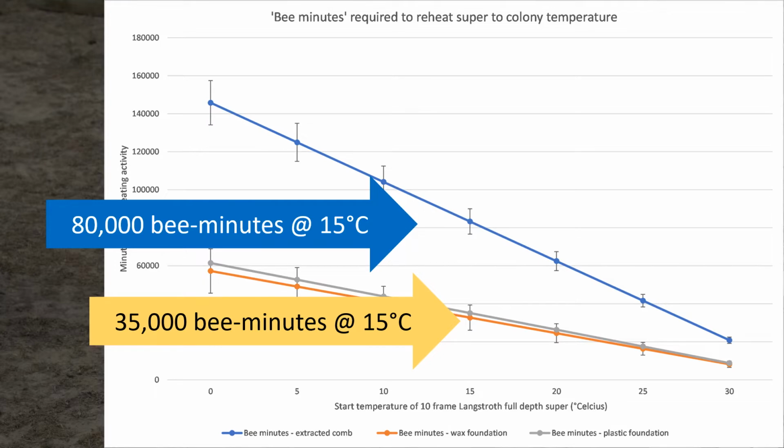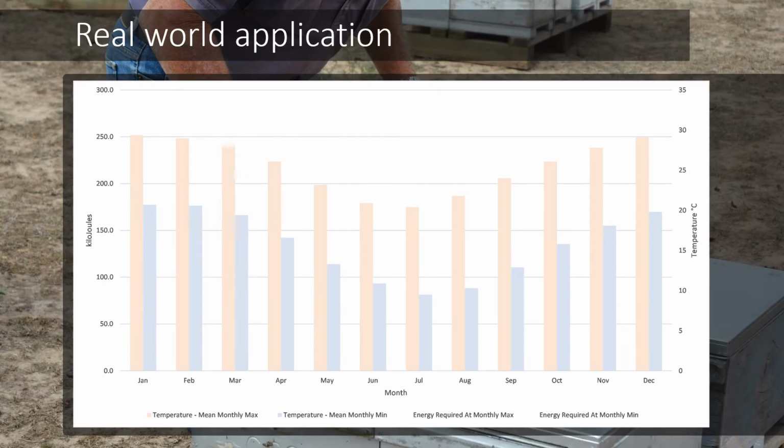Now if we want to put that into a real world application, our real world application is this graph here. This is Brisbane mean monthly highs and lows. So the warm coloured bars are the monthly high temperatures, and the blue coloured bars are the monthly low temperatures. And this is all daytime.